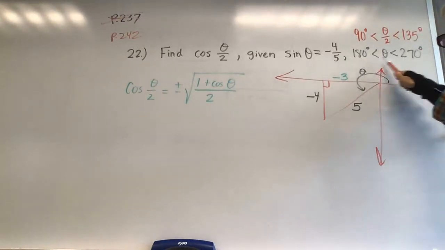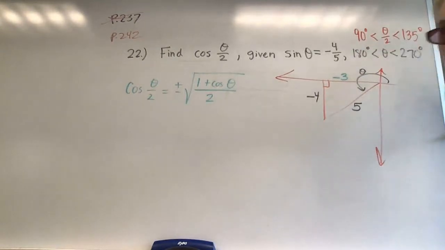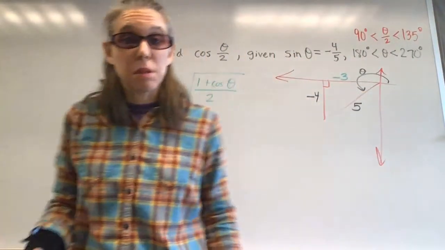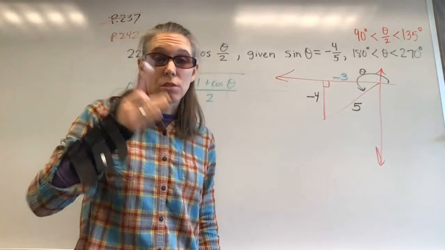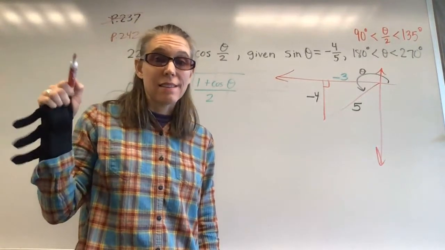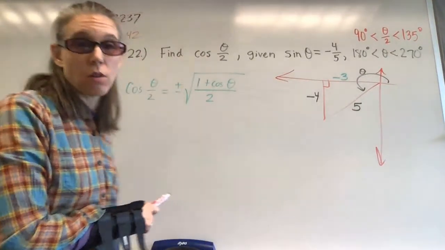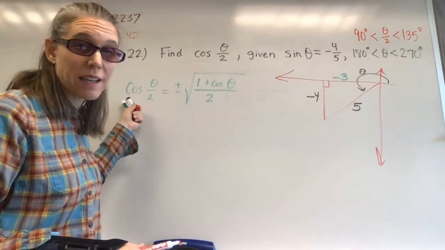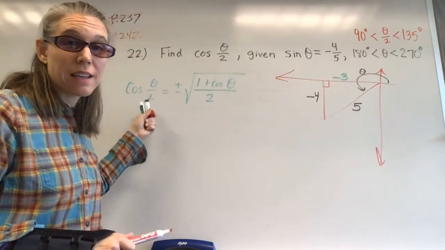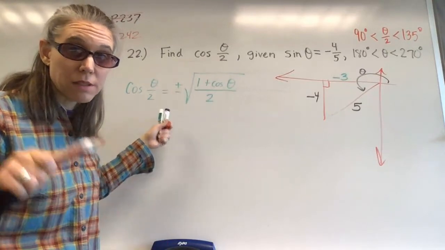If you divide everything by 2, this is what you get. So theta over 2 has to be between 90 and 135, which places it in the second quadrant. So if we're trying to find the cosine of a value in the second quadrant, that cosine value must be negative.